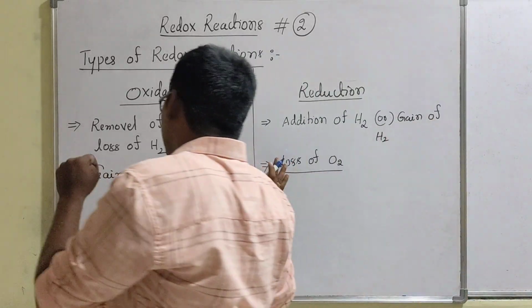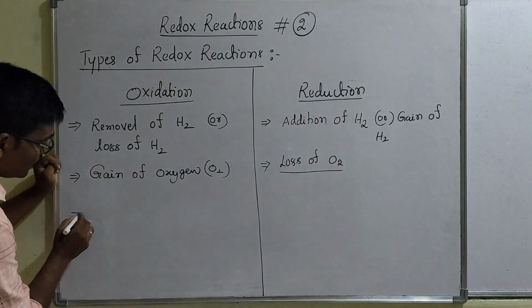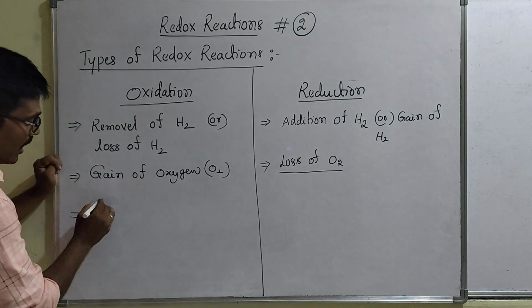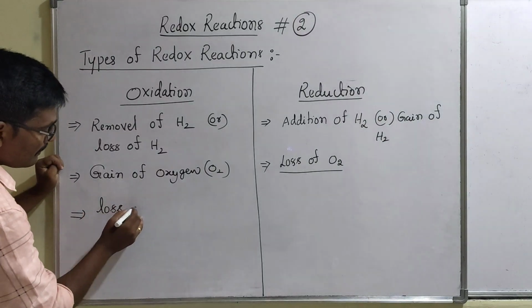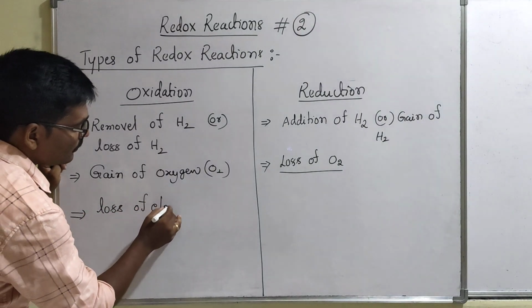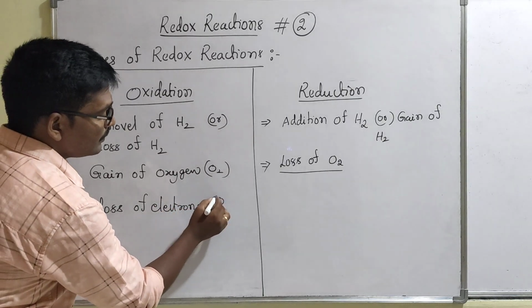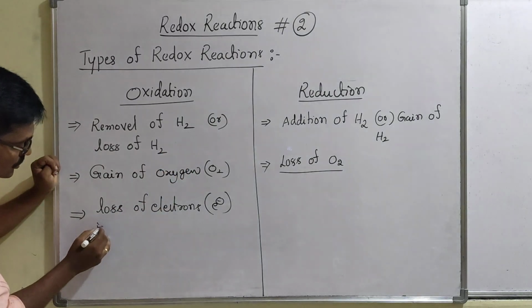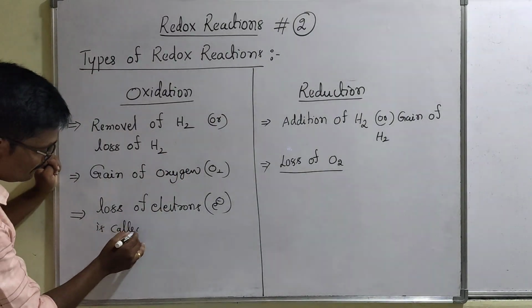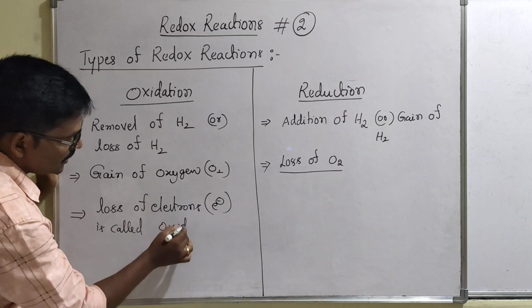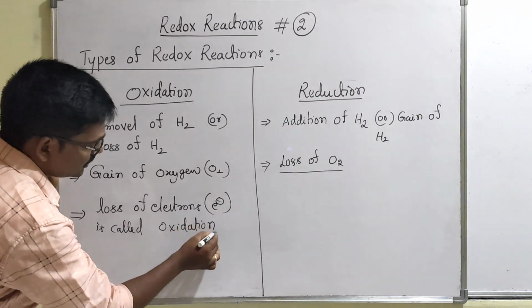Now, in terms of electrons, that is a new definition. Loss of electrons is called oxidation.